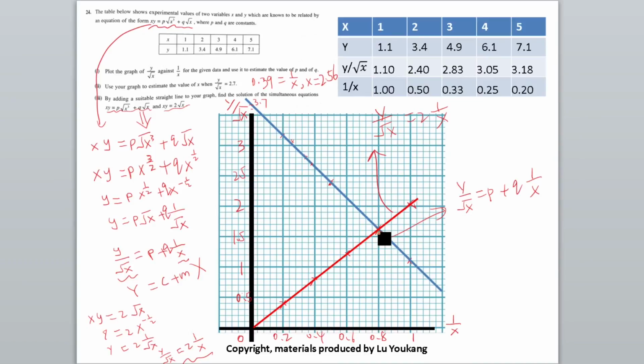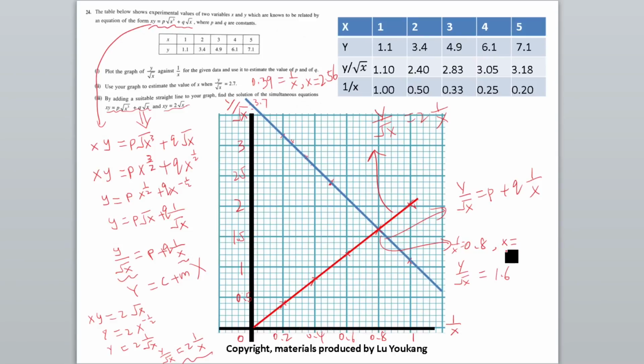And so, what I have here is 0.8, 1.6 for the intersection. What it means is 1 over x equals 0.8 and y over square root x equals 1.6.